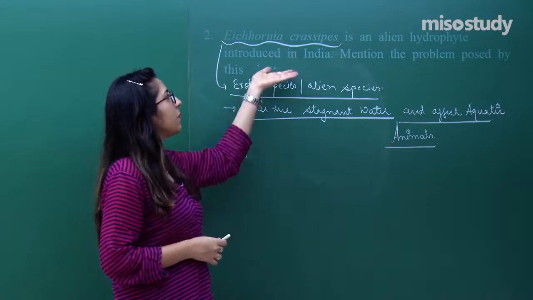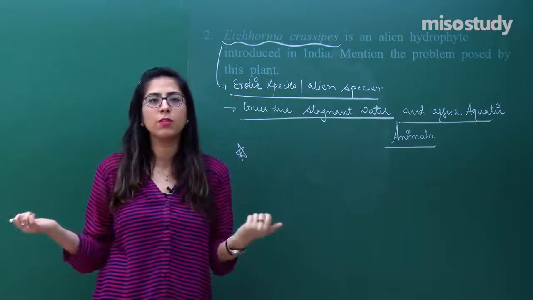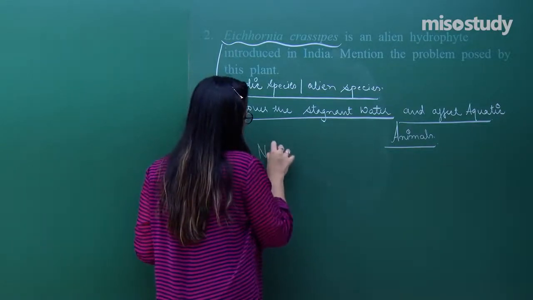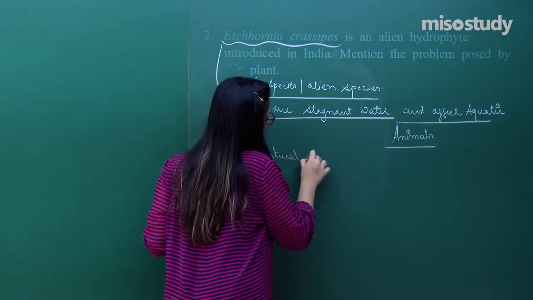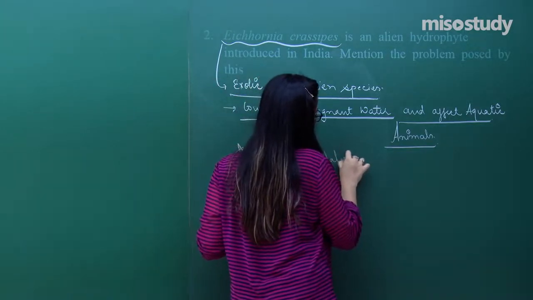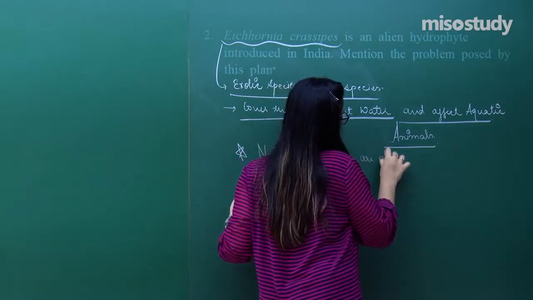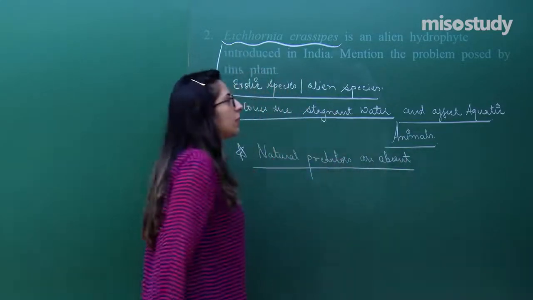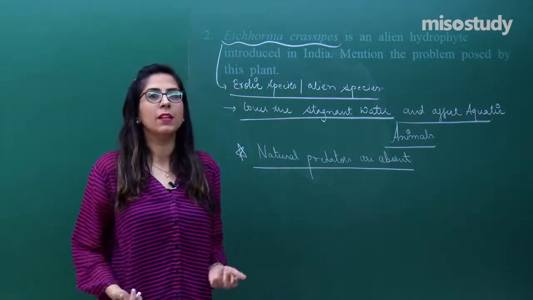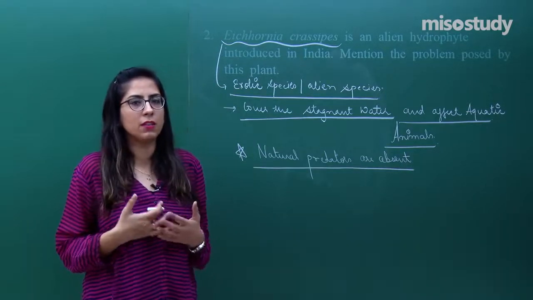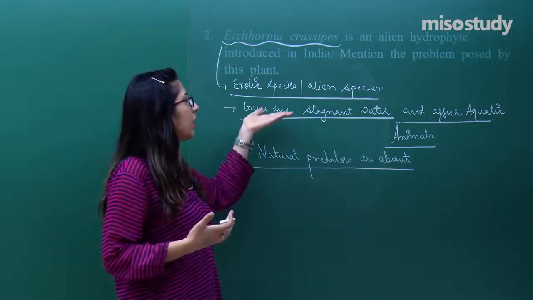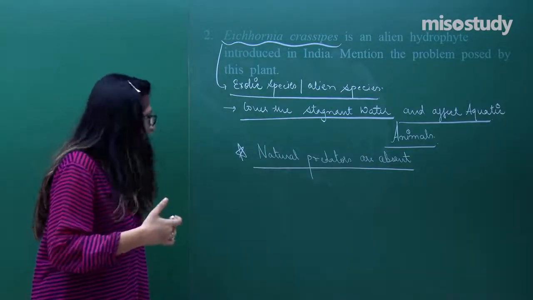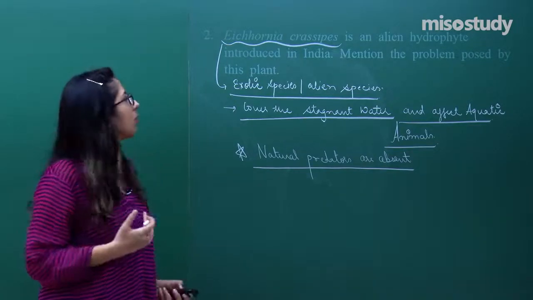In this case, because it is an exotic species introduced into India, the natural predators are absent. When natural predators are not there, they flourish at a very fast rate, and ultimately they do not allow other aquatic animals and plants to grow. They will consume the whole of the organic or inorganic products.